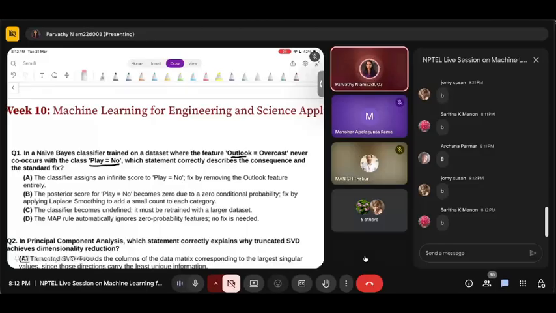The classifier assigns an infinite score to play is equal to no. The posterior score for play is equal to no becomes 0 due to 0 conditional probability; fix it by applying Laplace smoothing. The classifier becomes undefined. The MAP rule automatically ignores 0 probability features; no fix is needed. So the posterior score for play is equal to no becomes 0 due to 0 conditional probability, and we have to fix it by applying Laplace smoothing.